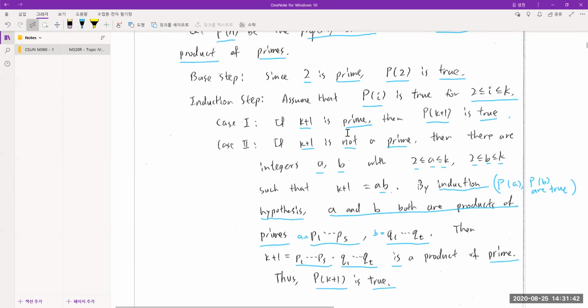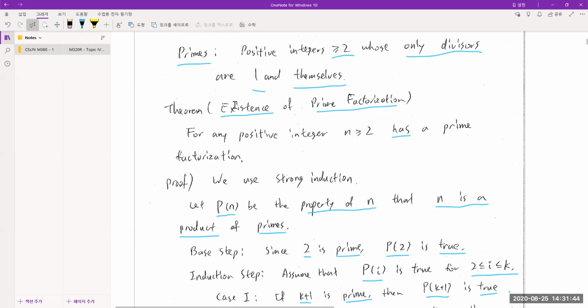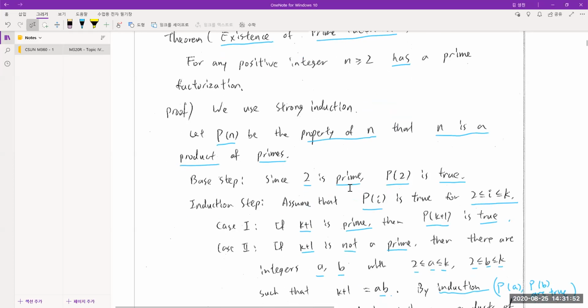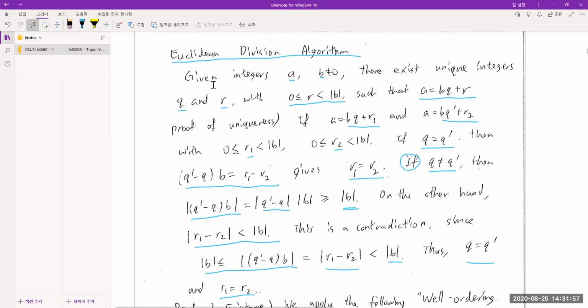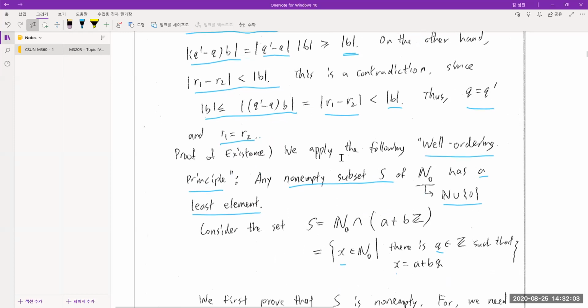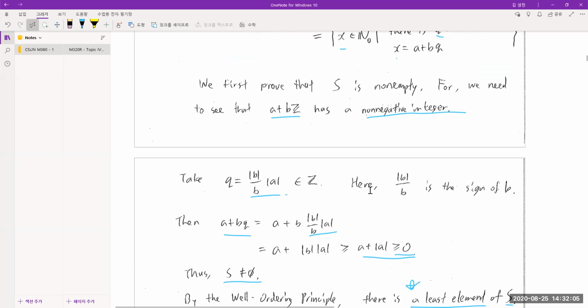But we are still going for the uniqueness part of the prime factorization. We're not done yet. We just did the existence part of prime factorization. This Euclidean algorithm is a preparation for the proof of the uniqueness part of prime factorization.